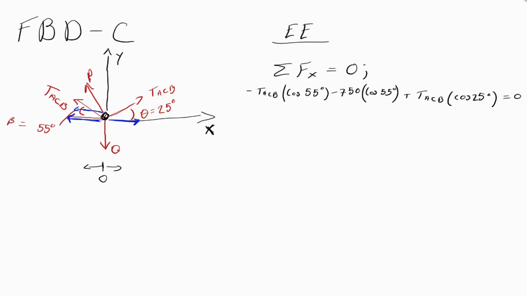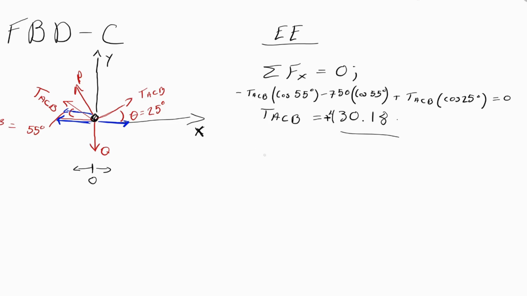And here we're gonna solve for TAC V. Here we have all of these in terms of TAC V, which is our only unknown, so if we distribute everything and calculate the result, we get that TAC V is equal to 430.18 newtons. So now we're gonna solve for Q.